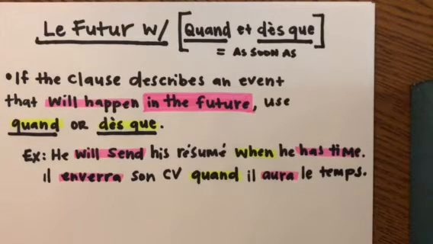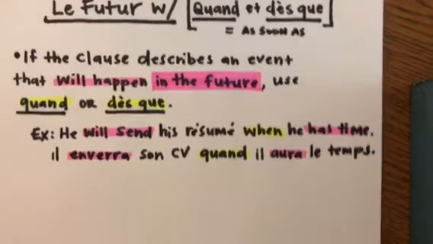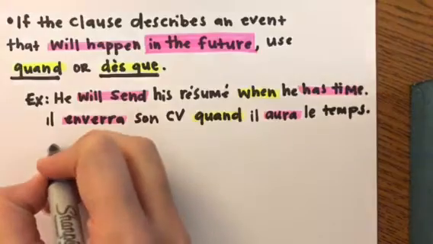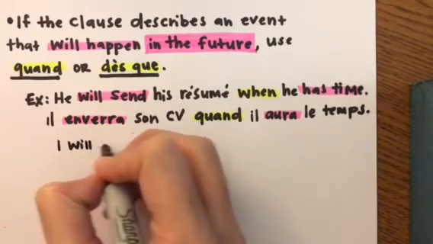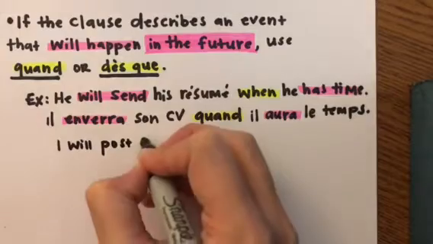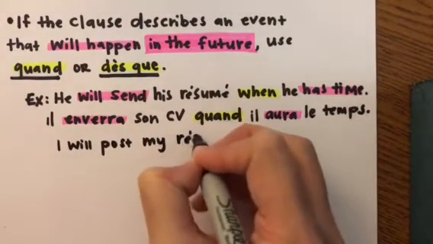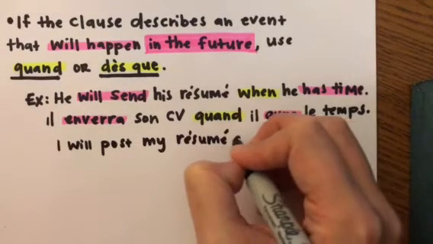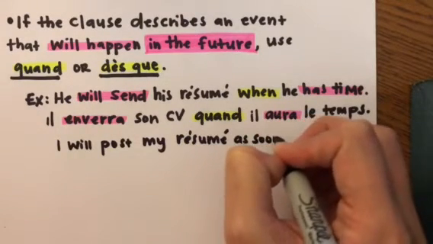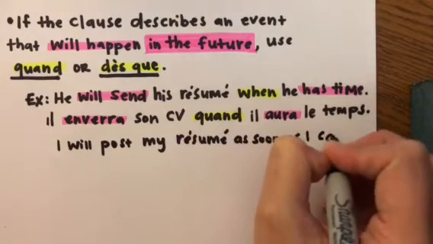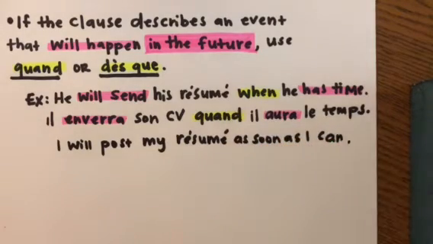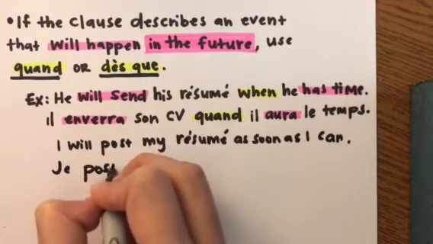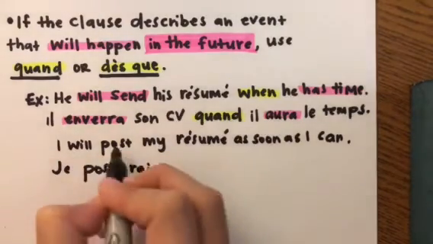Let me give you an example, we'll use dès que here. Let's do, I will post my resume as soon as I can. So je posterai, will post immediately.